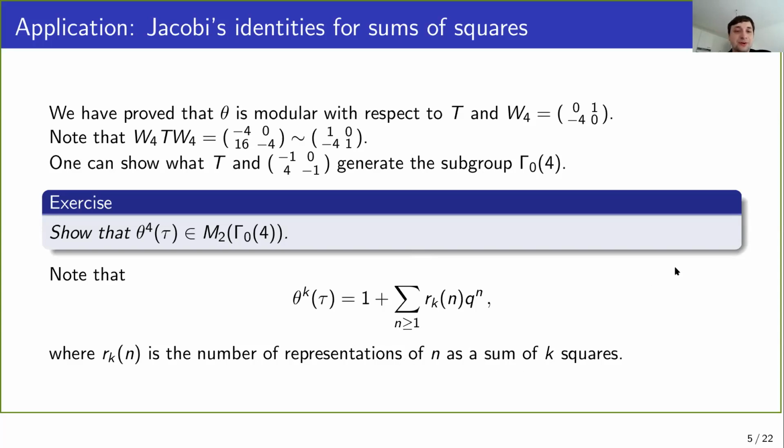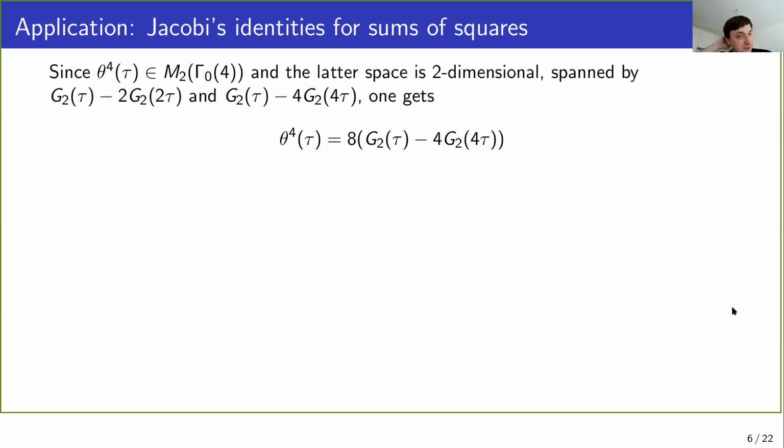So in particular, because we know that this fourth power of theta is modular, and we can construct a basis for this space of modular forms, we get an identity for free. And in this case, it's actually easy to prove that the space here, M2 gamma naught 4, is two-dimensional, and once you know that, you can easily verify that these two functions belong to this space and they're linearly independent.